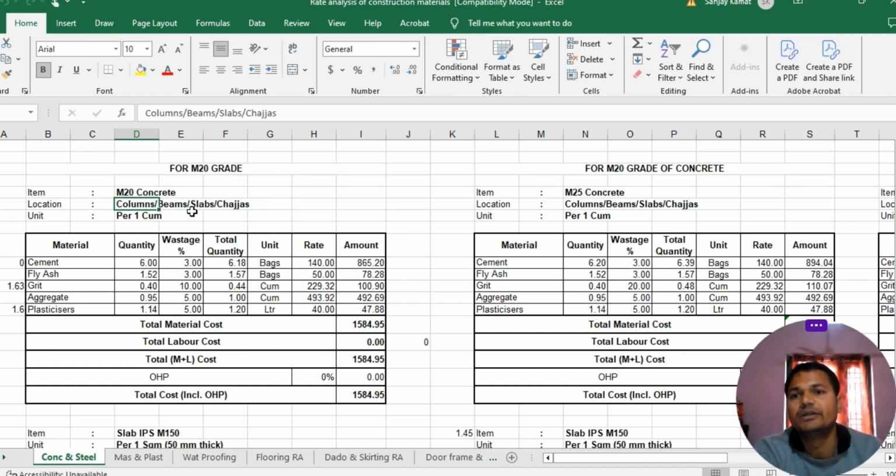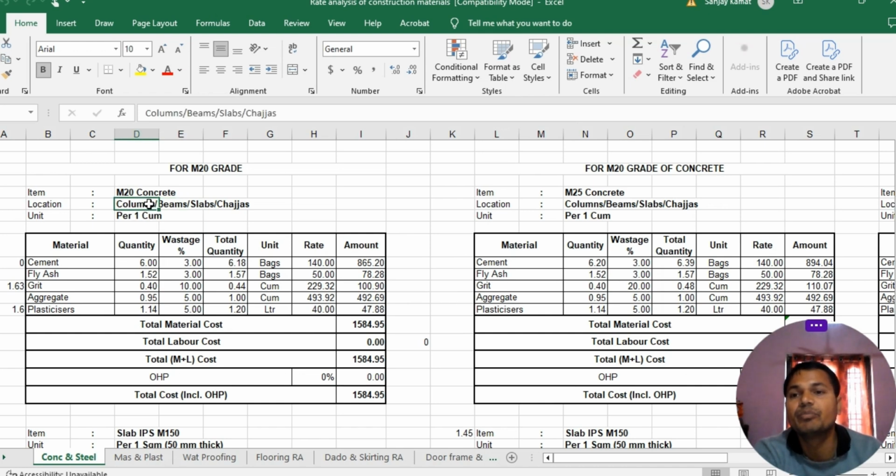Listen as well as follow my mouse cursor so that you can easily understand. To prepare the beams, these: cement, fly ash, grit, aggregates, plasticizers. What amount of these and how much, that we are going to calculate.